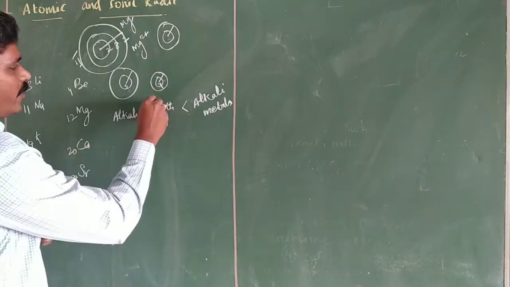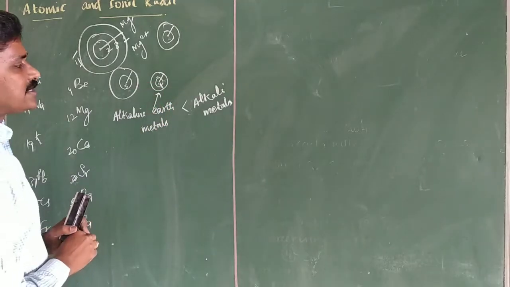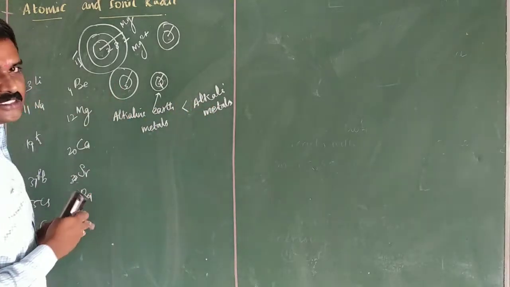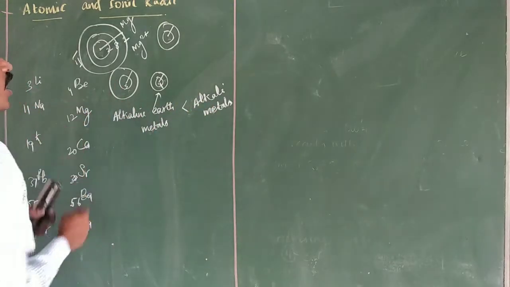So the atomic and ionic radii of alkaline earth metals are less than those of alkali metals.